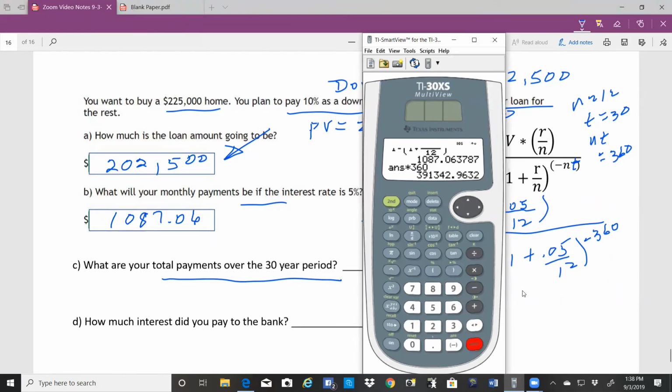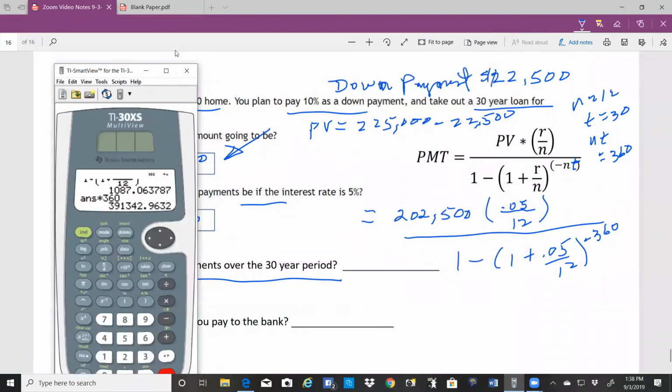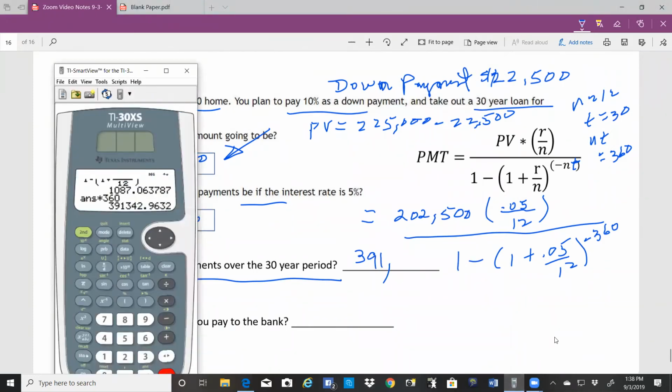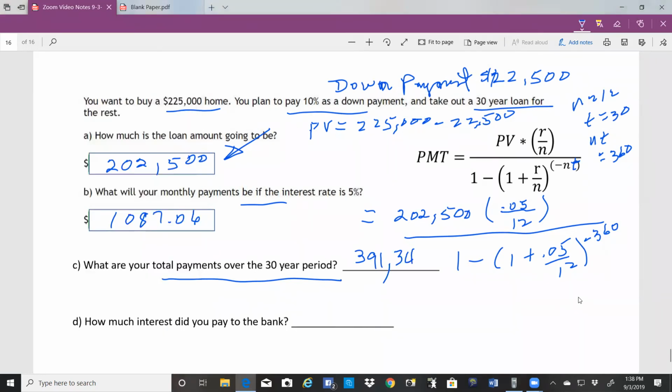That means your total payments that you paid for that loan over that period is $391,342.96. So to borrow $202,500.